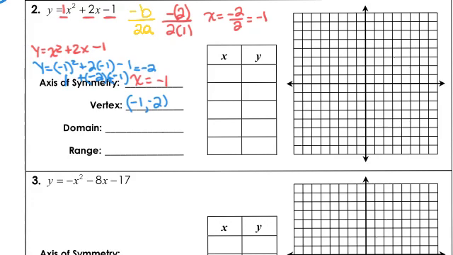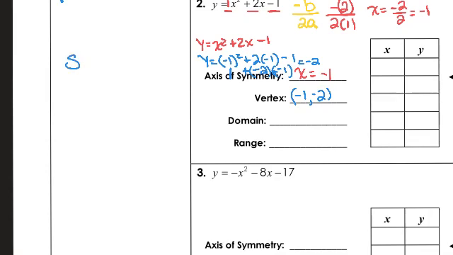Okay, so far, how did we get there? Well, we started with the vertex formula, finding -b over 2a.